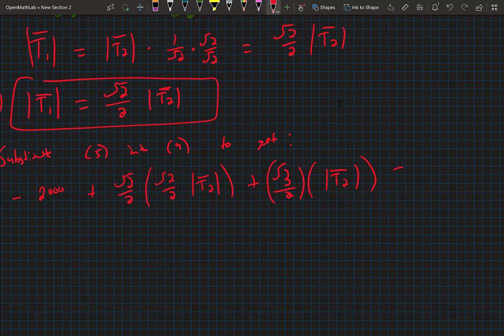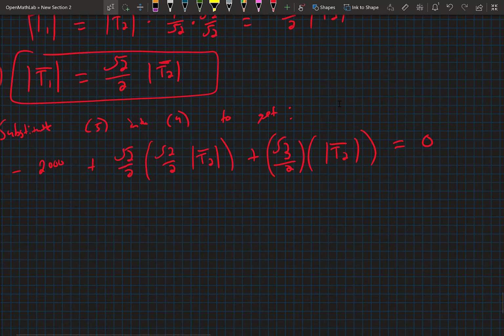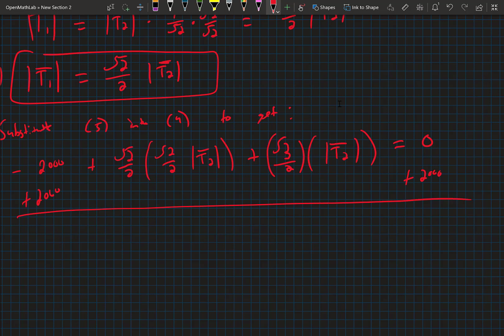That's equal to 0. Right, so I could add 2,000 to start with. Right, and notice I only have one variable now. I just have the magnitude of vector T2. Right, so that's what I'm trying to solve for.